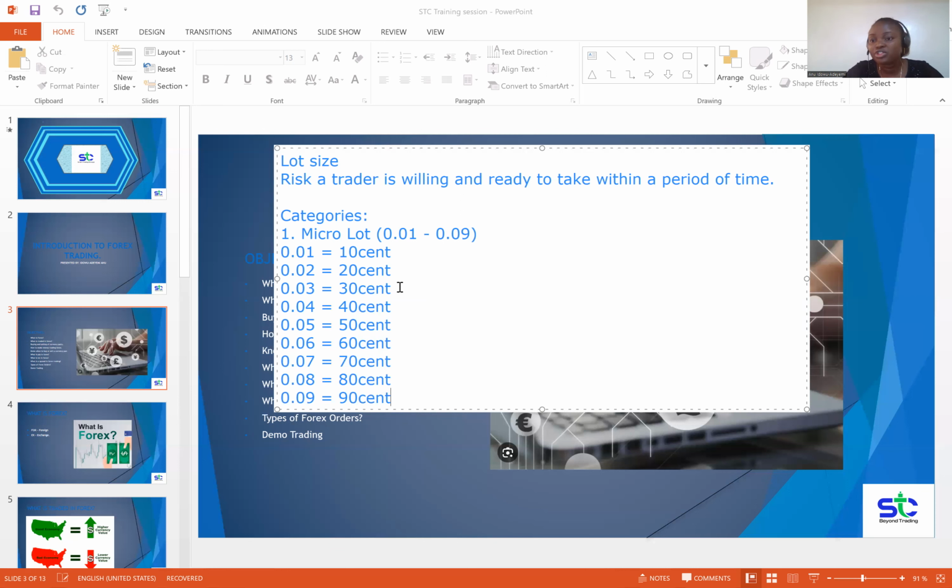Even if we entered and closed the market at the same time, we did not use the same risk. So the profit each individual will make will also differ. Your profit will be determined by how much lot size you pick. That's why I said it is the risk an individual or a trader is willing and ready to take within a period of time.